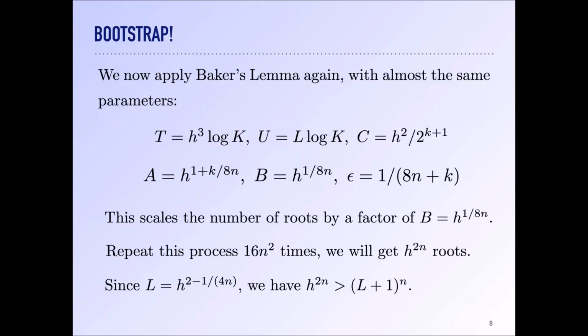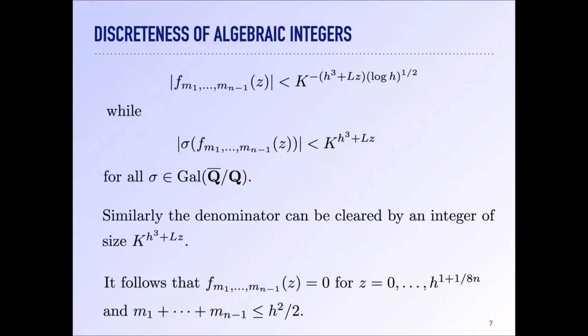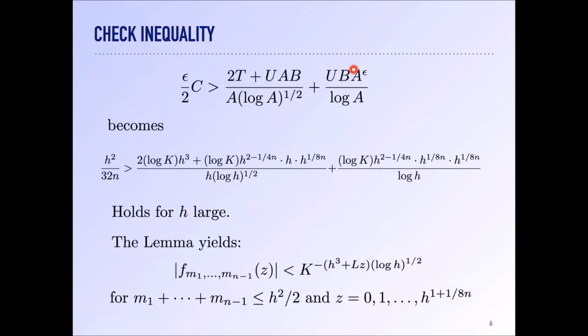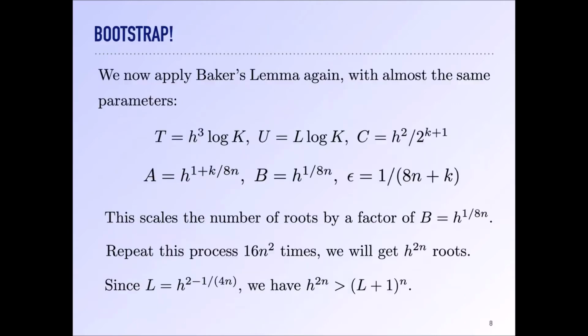You need, right. Okay, when you check this, it's in part something I glossed over. You need u times b to be less than t or something like that, if you check that inequality. And you have an h to the 2 minus 1 over 4n, this is why you can only go up to h to the 1 over 8n each time. You multiply them, you still get h to the 2 minus 1 over 8n, which is less than h squared.